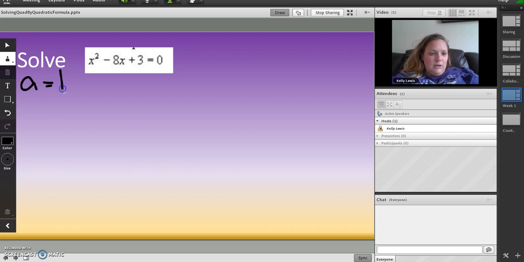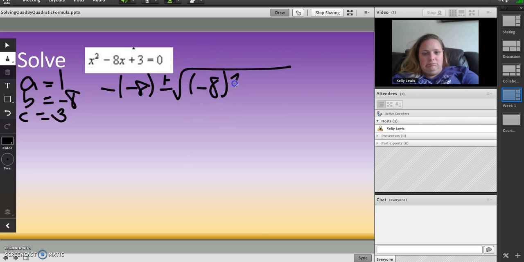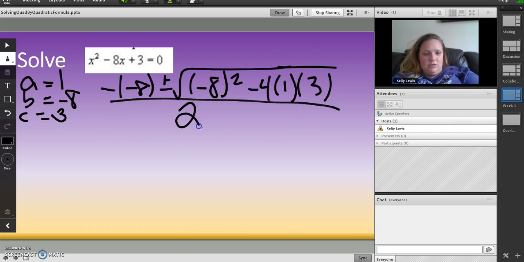a is 1, b is negative 8, c is 3. The formula is negative b plus or minus the square root of b squared minus 4ac, all over 2a.